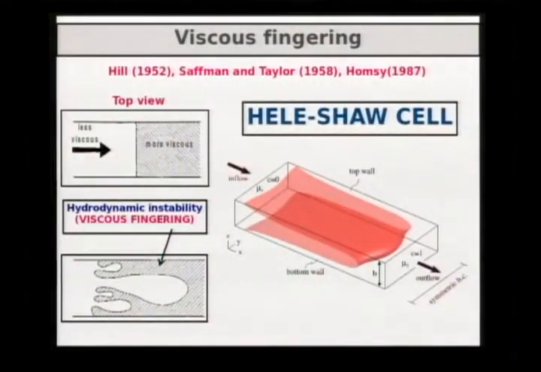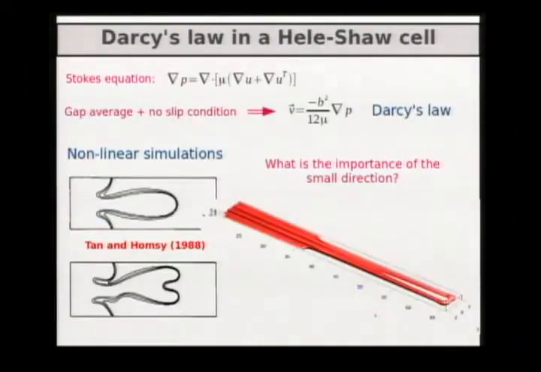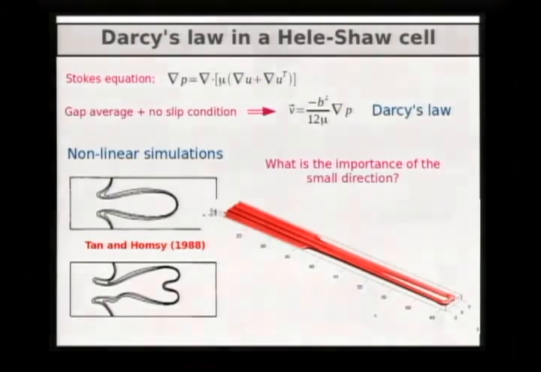And as the motion is primarily two-dimensional, most people take an average across the gap of the Hele-Shaw cell and neglect the whole structure that the interface between the two fluids forms across this direction. This two-dimensional law is known as Darcy's law, and it can be easily derived from the Stokes equations. It has been highly successful describing this kind of flow.